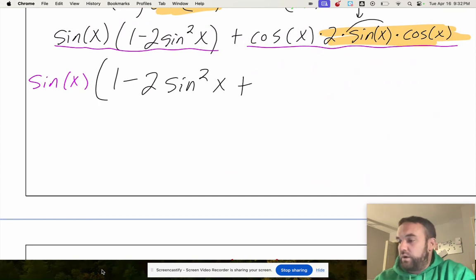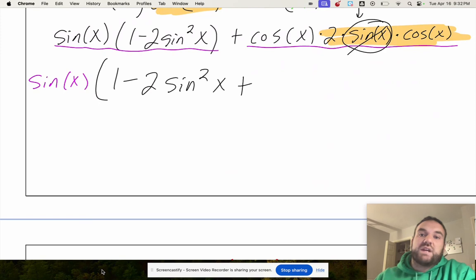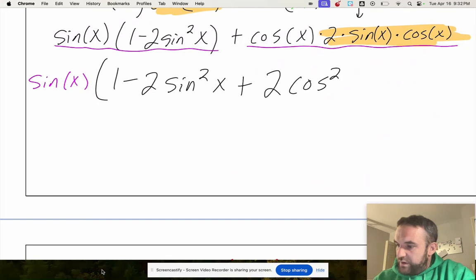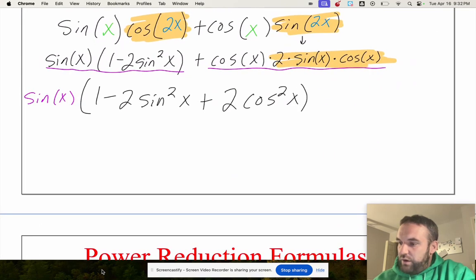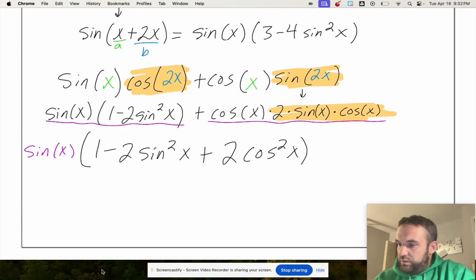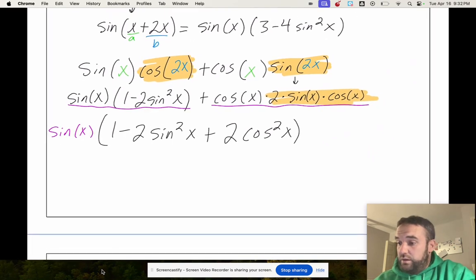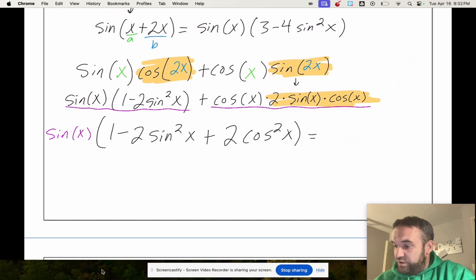Plus, if I look at what happens if I remove the sine x from that second term, I have 2 times cosine squared of x. And now I am going to bring back the original. I'm going to bring this down just to help me keep track of what I need to turn this into.